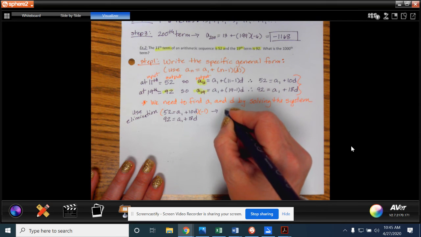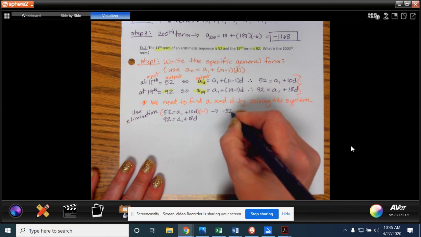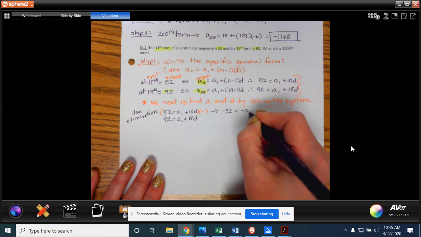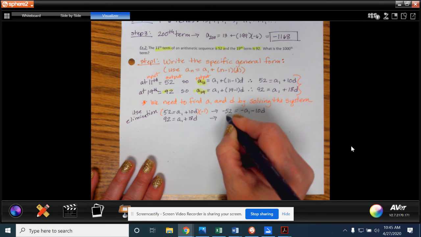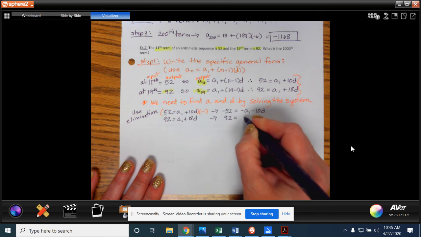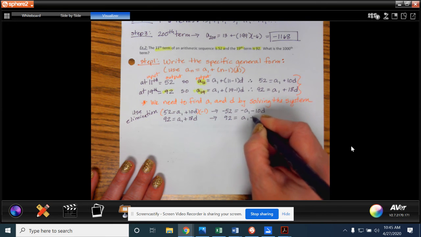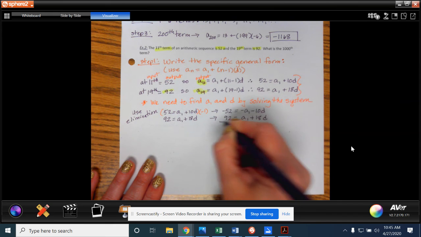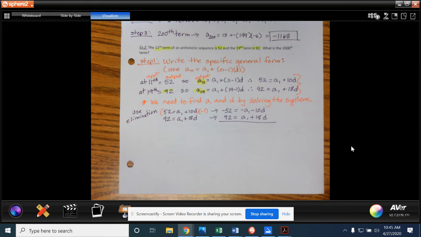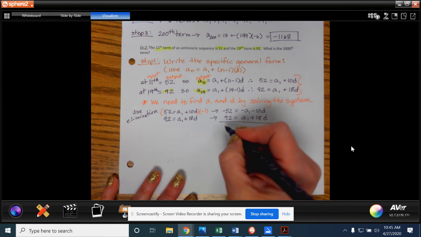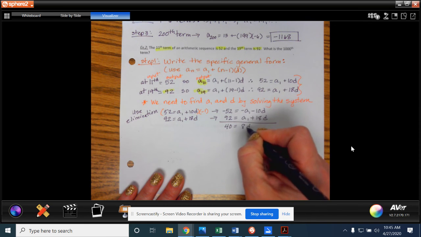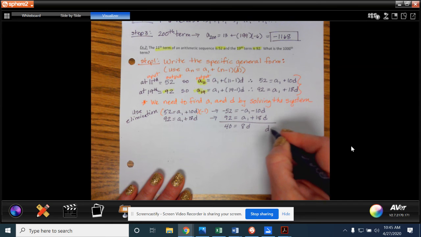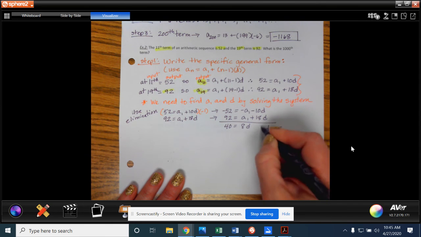This replaces by, then says negative 52 equals negative a of 1 minus 10 times d. This one stays the same, 92 equals a of 1 plus 18d. Elimination, they go head to head. Solve, I have 40 equals 8d, so d therefore equals 5.